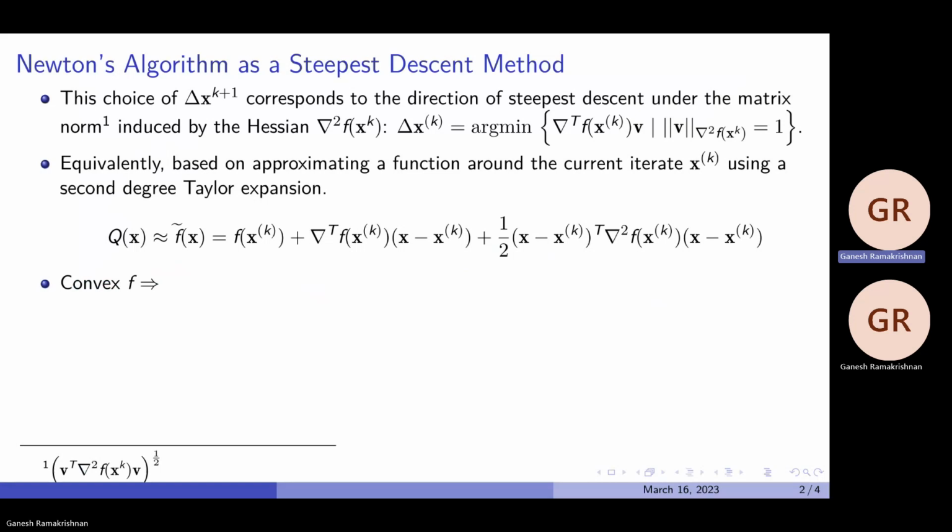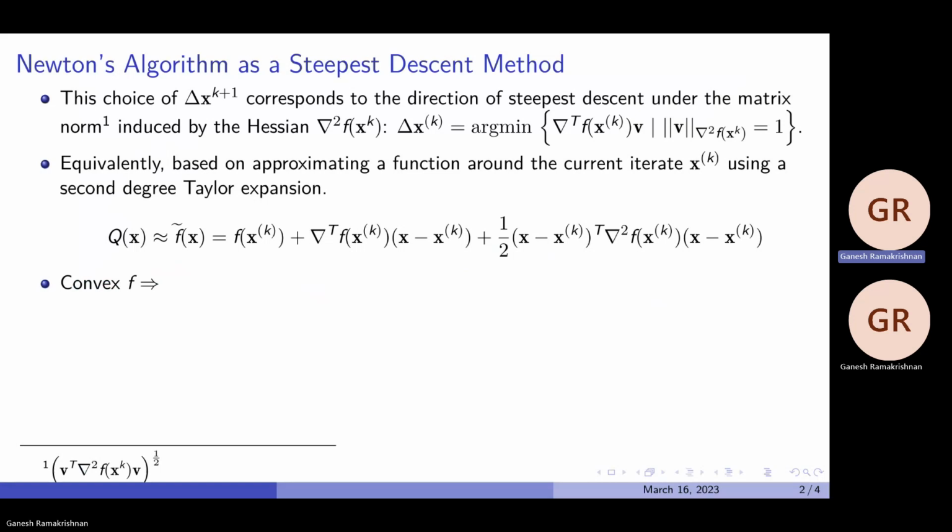The other way of looking at Newton's approach is I will try and find that descent direction which gives me the lowest dot product with the gradient of the function, but with its norm based on the Hessian.